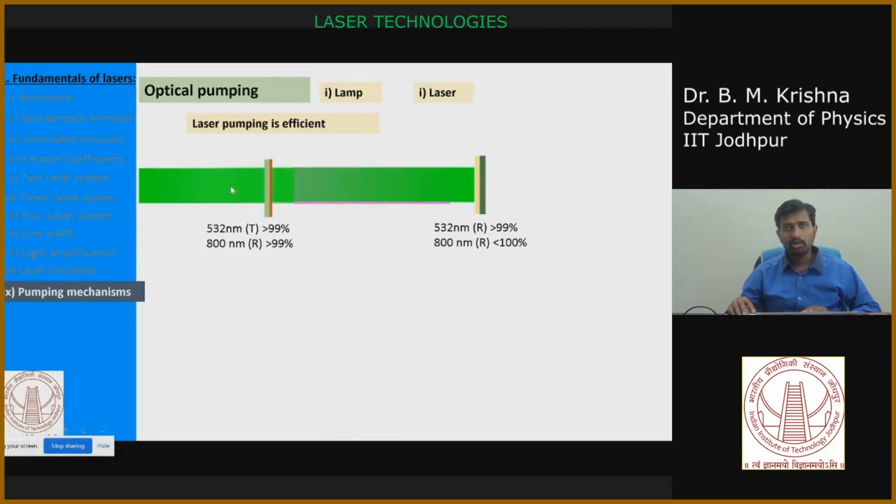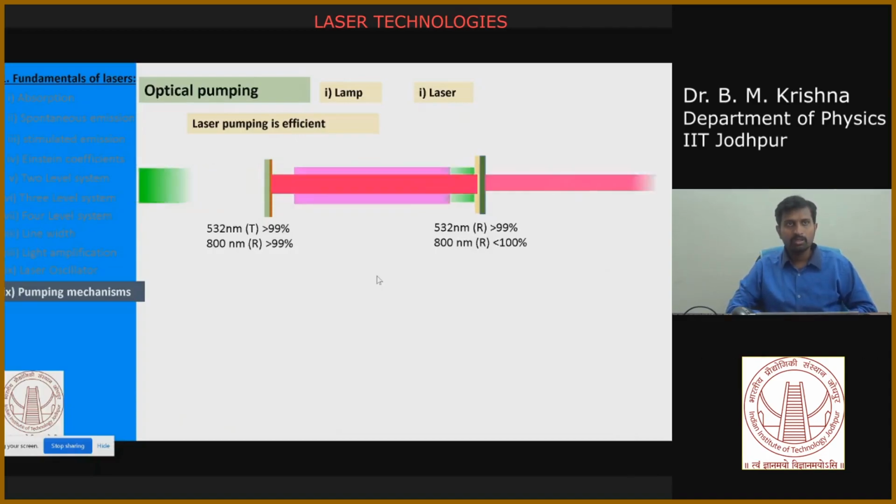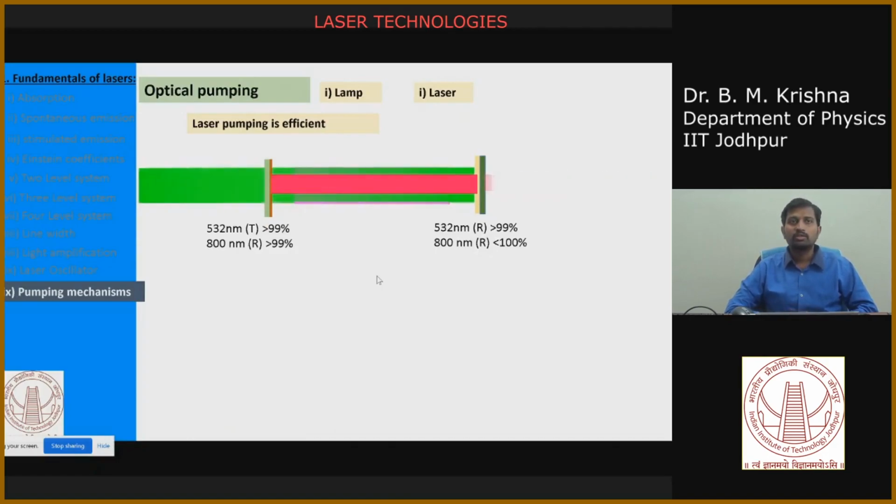If you want many round trips within the cavity, you can insert a polarizer so that the 532 nanometer light always stays within the medium and you use your pumping photons efficiently. Your wastage of energy is very small. Then you have lasing inside the medium, and then you have an output. So laser pumping is a very efficient technique to make better high-power lasers.